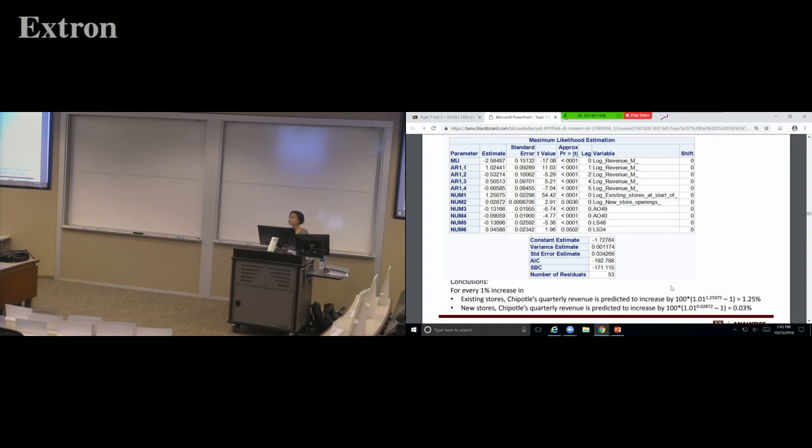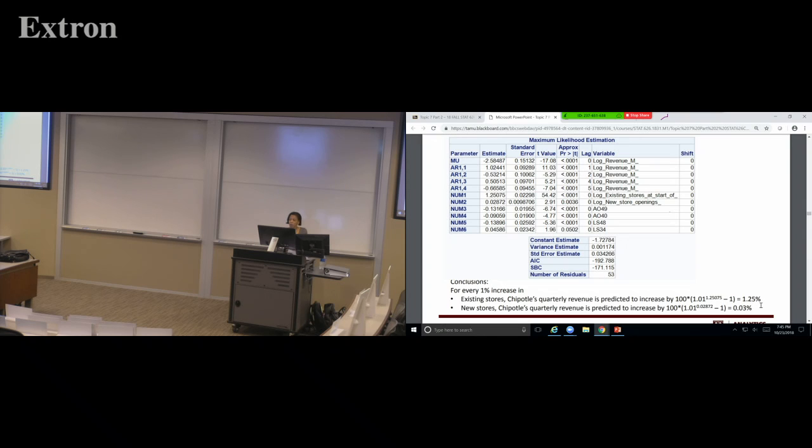We move from a 1 unit increase to a 1% increase because of moving from the traditional numbers to a log transform. So we move from actual numbers to percentage changes. So for a 1% increase in existing stores, Chipotle's quarterly revenue is predicted to increase by 100 times 1.01 raised to the beta coefficient minus 1.